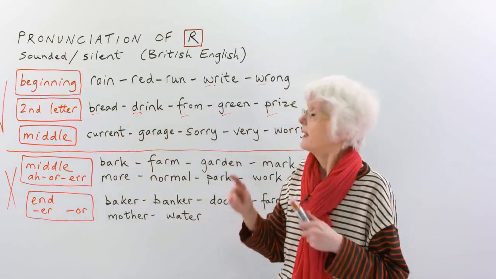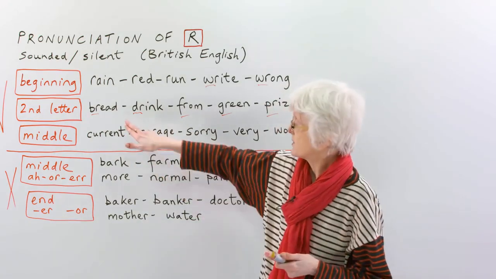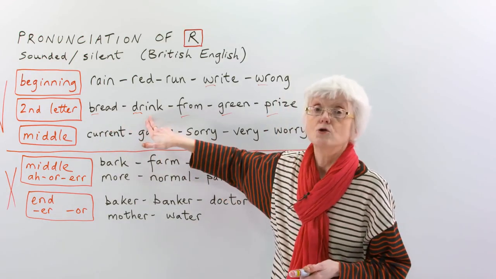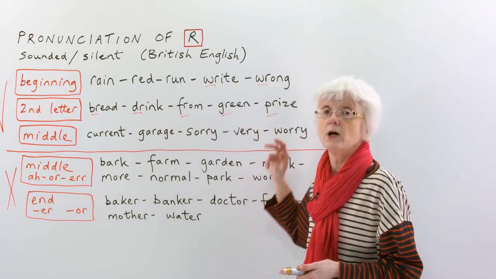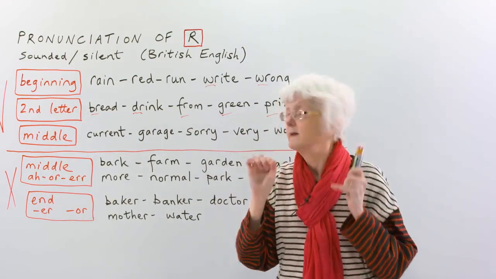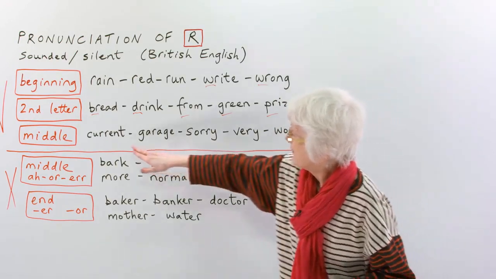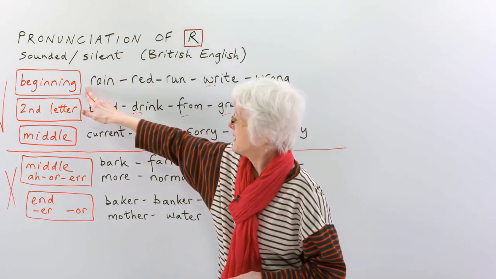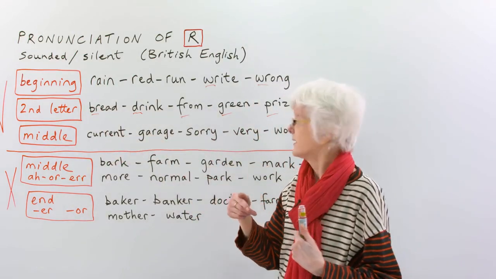So the R has to be pronounced there in combination with the first letter, the consonant sound. So bread, drink, from, green, and prize. Okay, and it's still at the front of the mouth, pushing your lips forward. Okay, and then you can see the letter R is moving through the word. It's the beginning, then it's the second letter, and now it's more into the middle of the word.